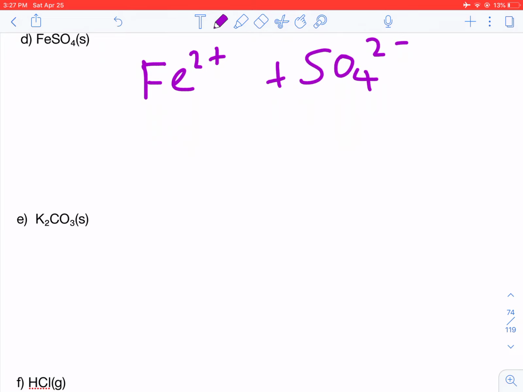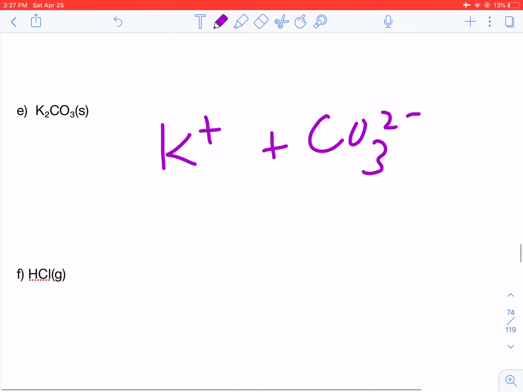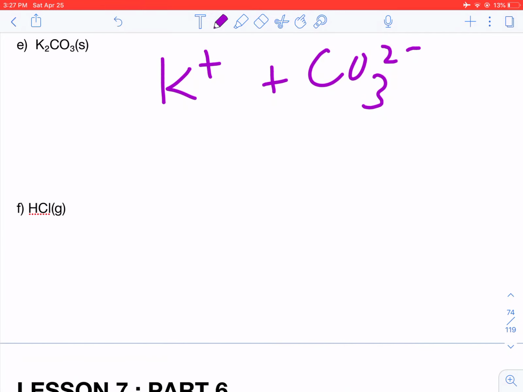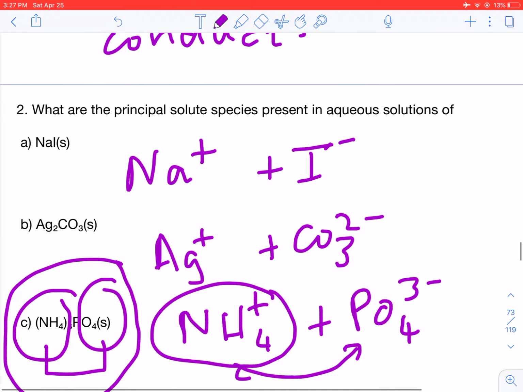And then we got K2CO3, which in this case our ions would be K plus and CO3 2 minus. Okay, I'm not balancing it like I said. And then HCl, our ions would be H plus and Cl minus, right? And let's go back.